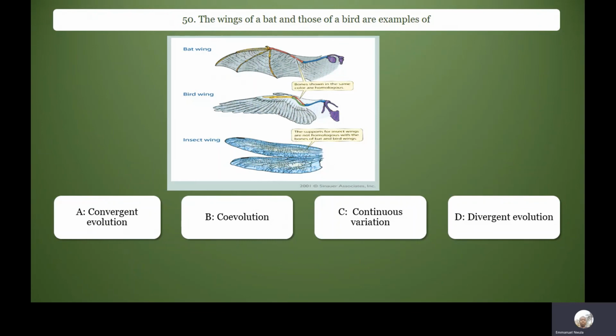The wings of a bat and those of a bird are both used for flying. But of course, birds and bats are not closely related. Bats are mammals. And birds, of course, belong to another class of vertebrates.